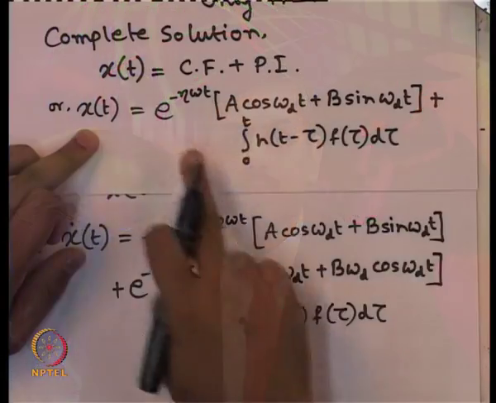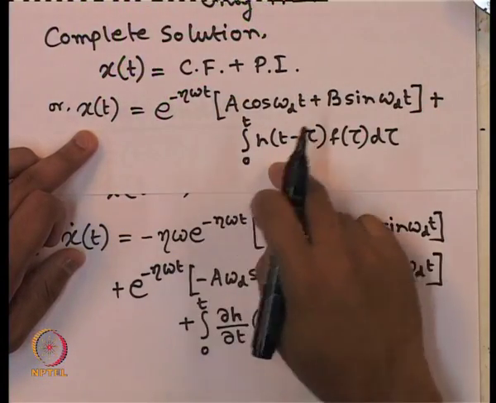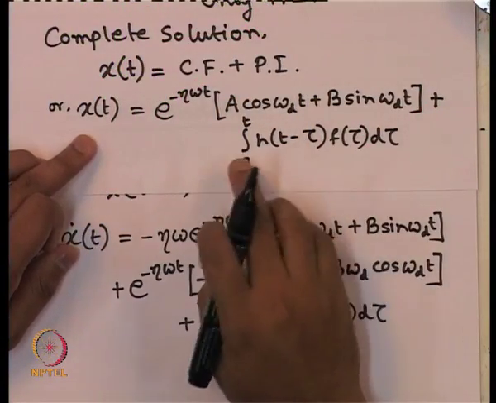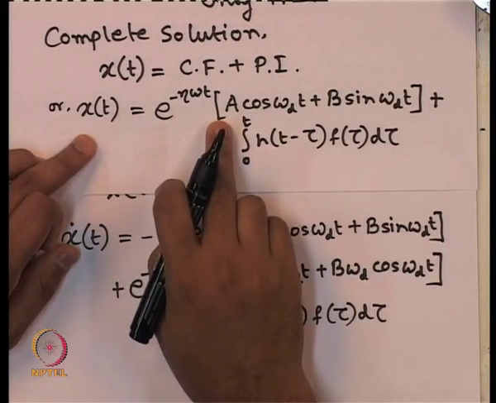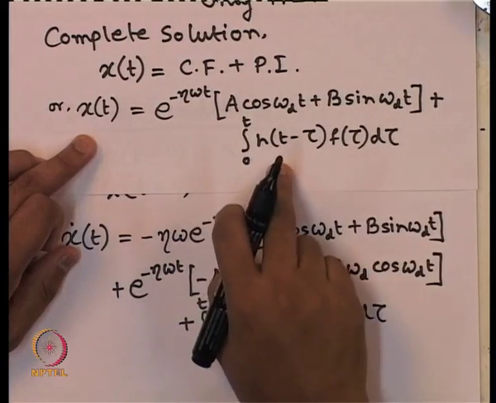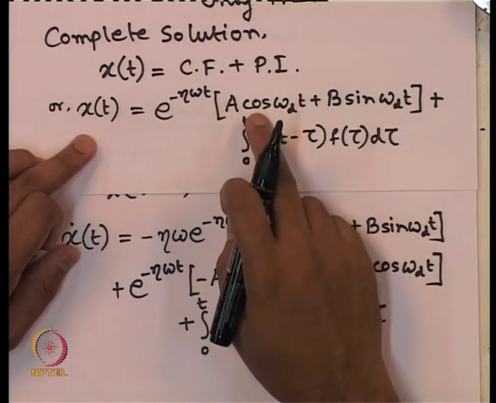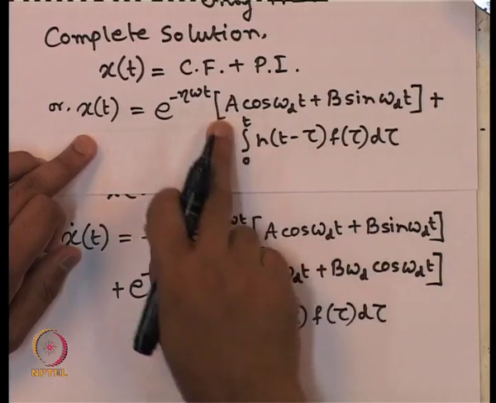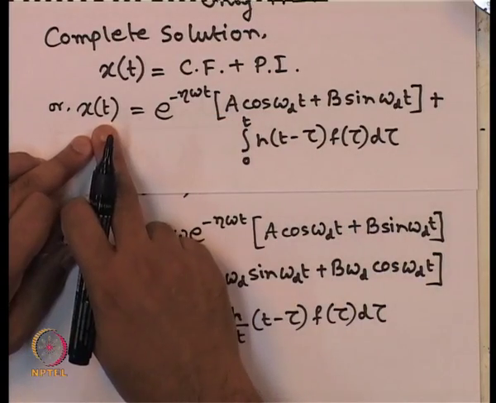At t equals to 0, it is x naught. So, from this expression, if we put t equals to 0, we are only getting a. This is 1, a, this vanishes, this also vanishes, because time t equals to 0. So, we are remaining with only a equals to x naught.